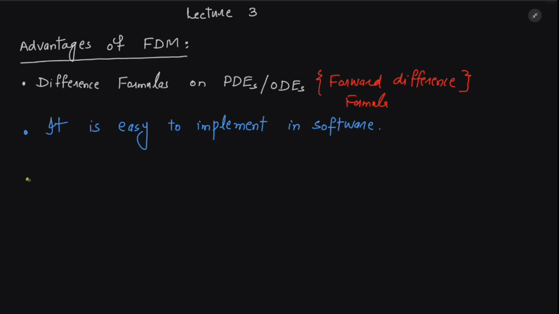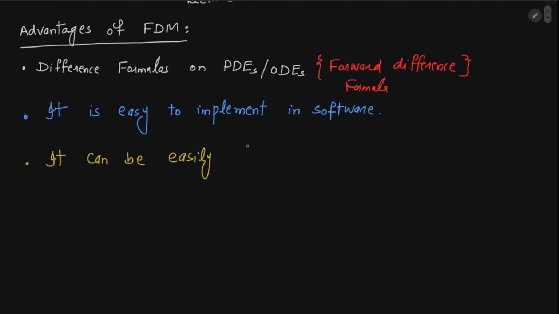Either you use a 1D problem or a 2D problem, it can be easily applied to 1D, 2D, and 3D. The extension from 1D to 2D is very straightforward, and the same is the case from 2D to 3D.